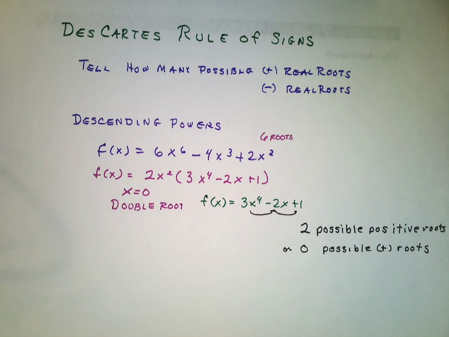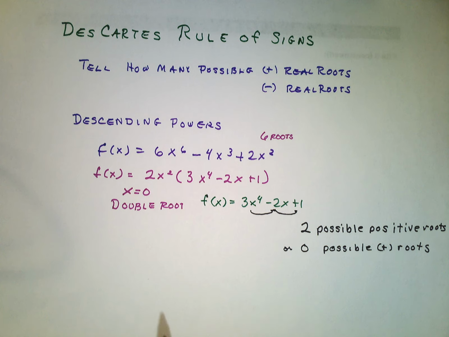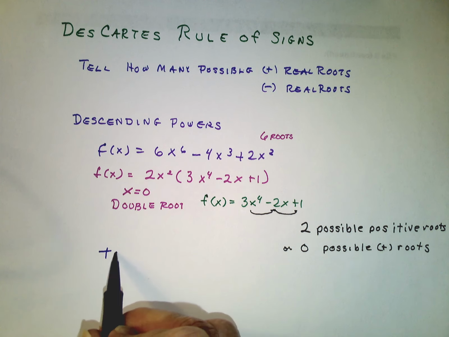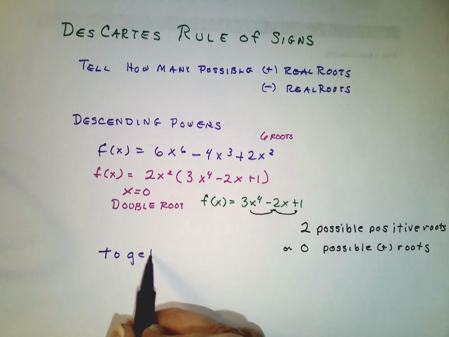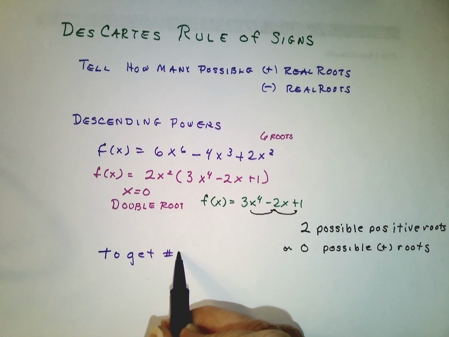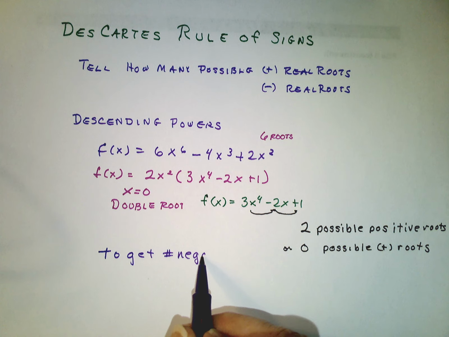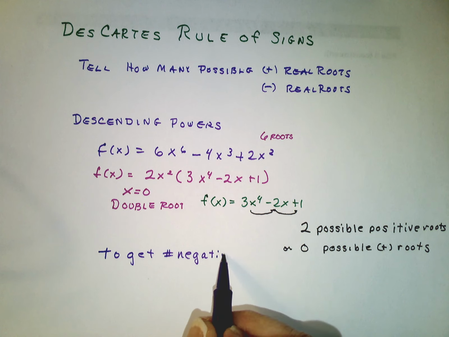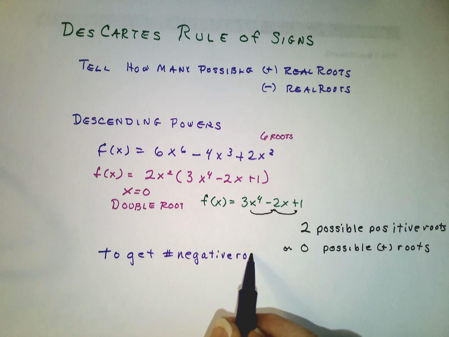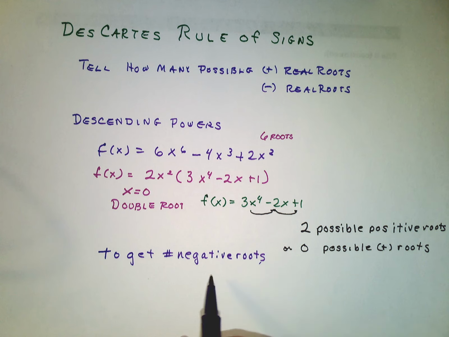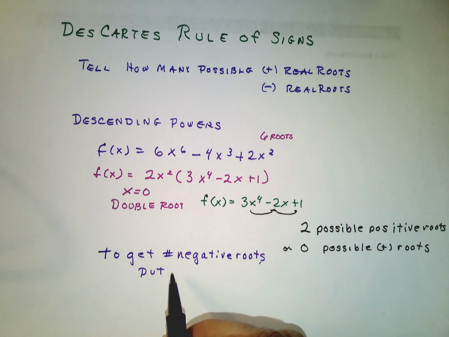To find out how many negative roots there are, we put negative x in for x, and count the changes.